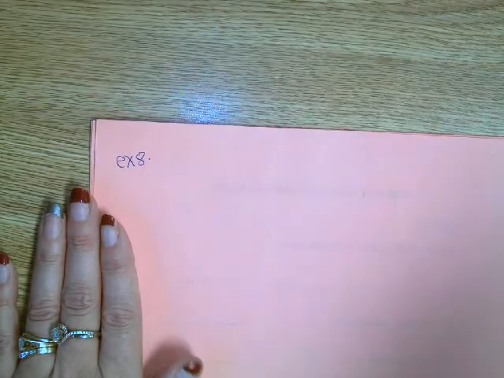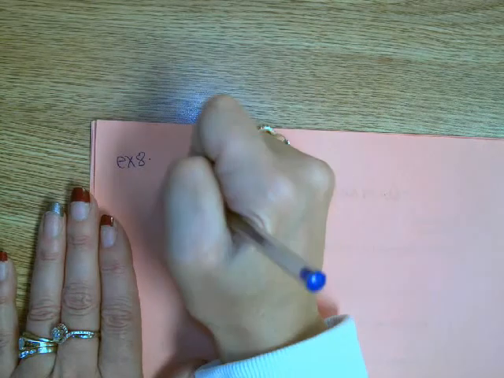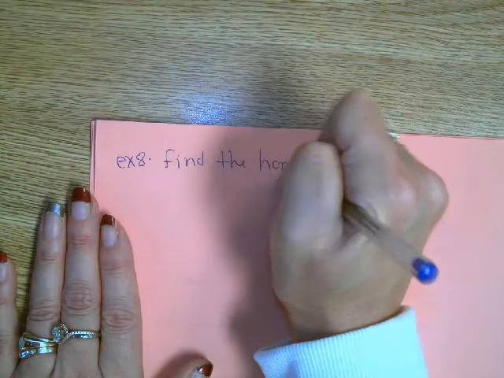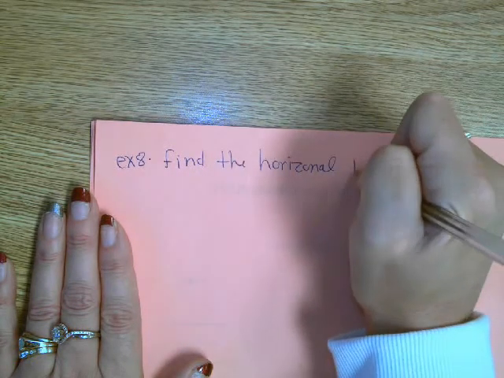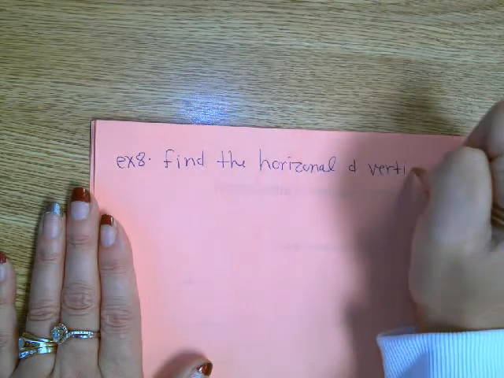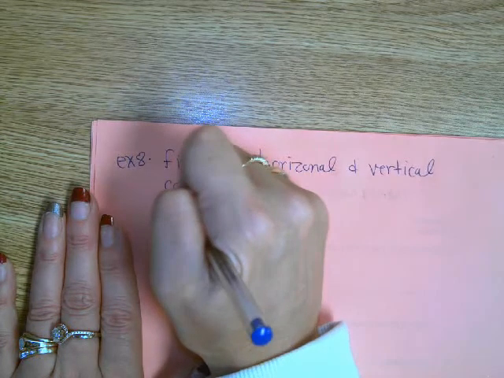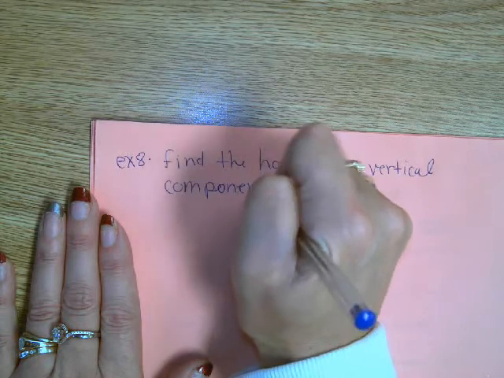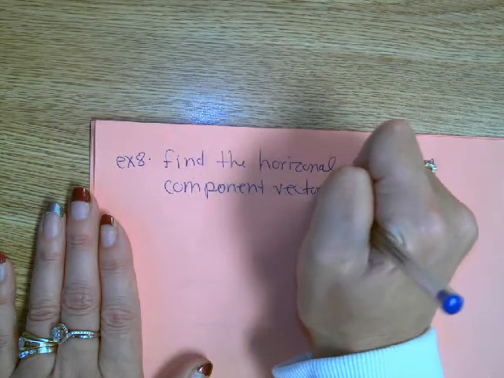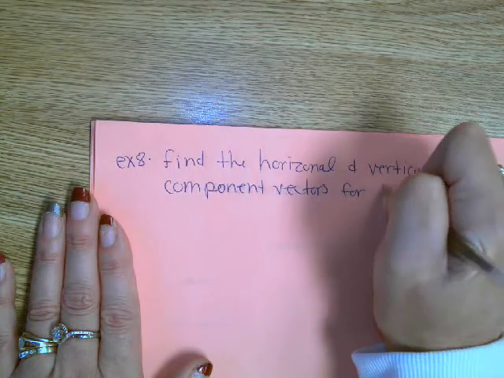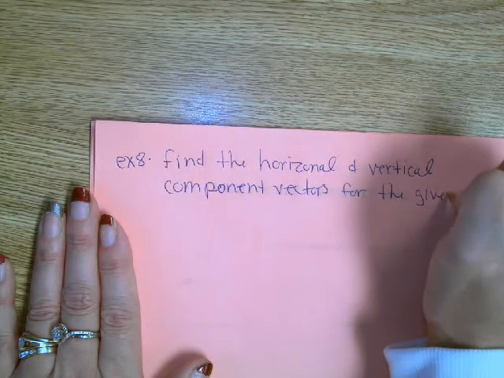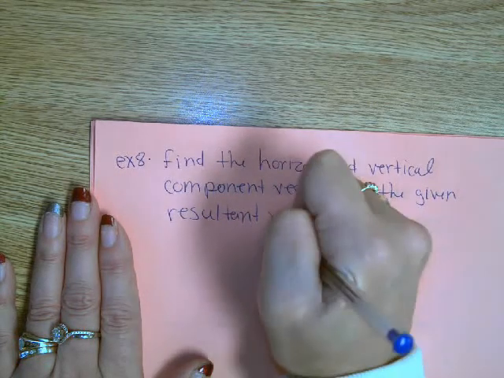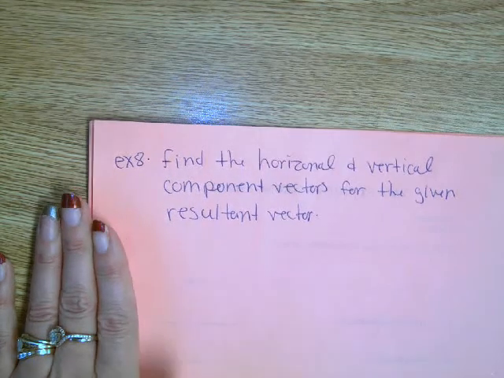I'm trying to do one of every example that you have in your homework, so you'll be able to look back. Find the horizontal and vertical component vectors for the given resultant vector.